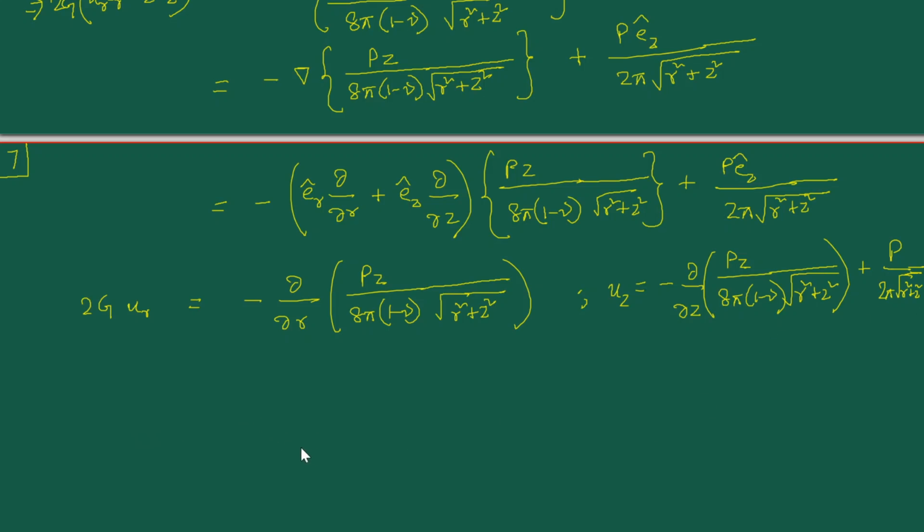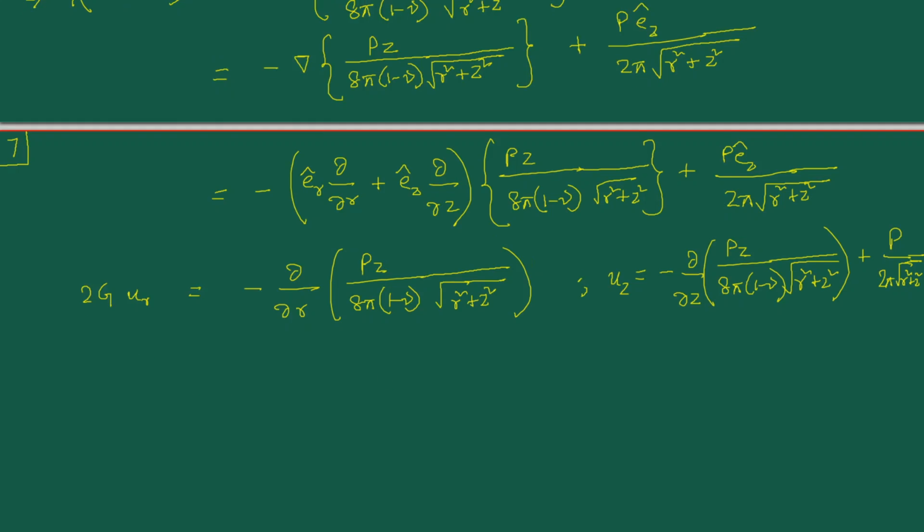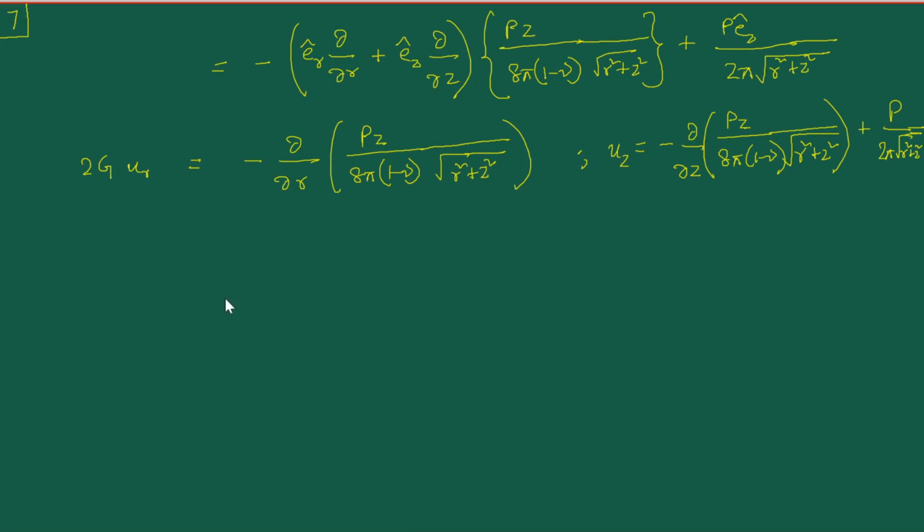What I'm interested in doing here is to proceed with this ur component. Just to get a fair idea of the kind of expressions we'll be dealing with, for the purpose of this partial differentiation with respect to r, this z here is basically a constant, so it might as well come out, just like this P and this 8 pi into 1 minus nu can come out.